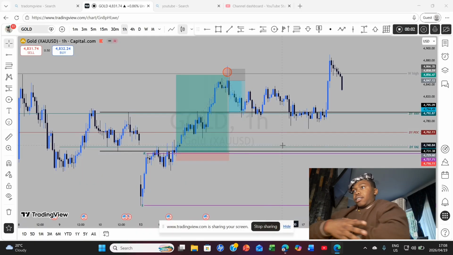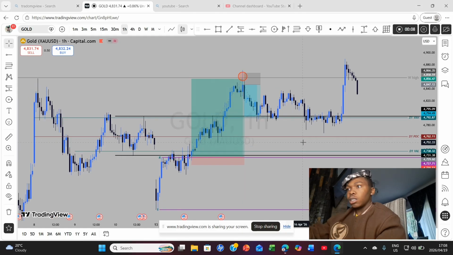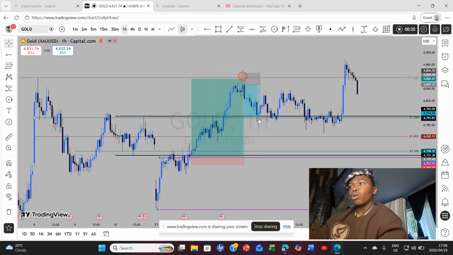Yes, sir, guys. We are now straight into the gold chart trading view. As you can see, I have the buy trade that went to TP straight, and I have the sell trade that went to TP. No drawdown, no nothing, no manipulation, no nothing.